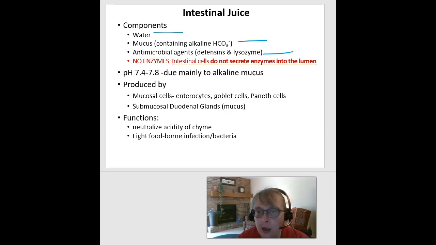The pH is alkaline, between 7.4 and 7.8, due to the goblet cells as well as the Brunner's glands making mucus that contains bicarbonate ions, that's a base. The functions, of course, of this juice are mainly to neutralize the acidity of chyme and to fight foodborne infection, not to do any digestion.